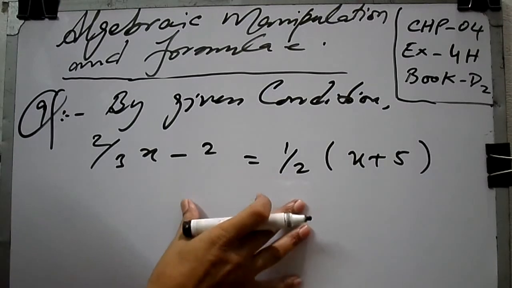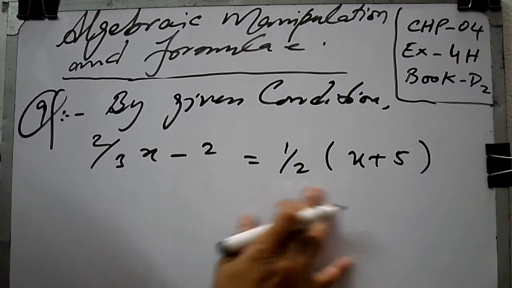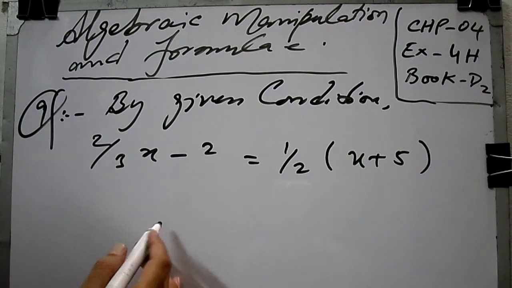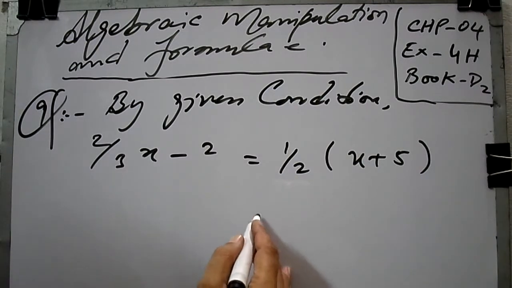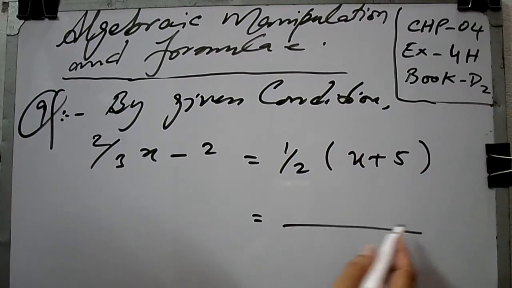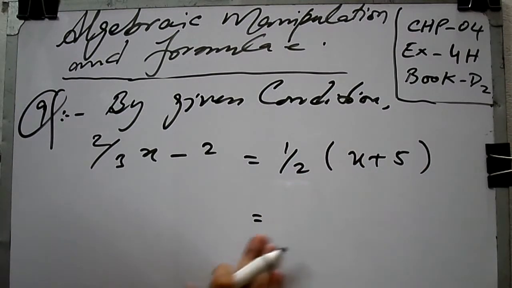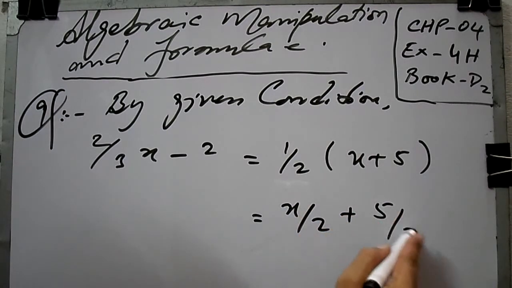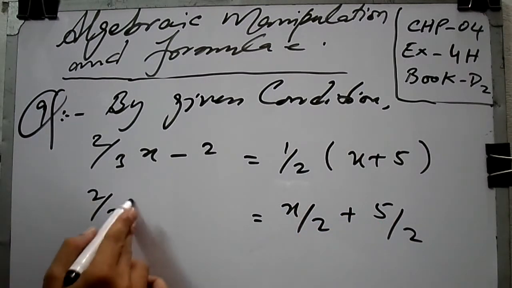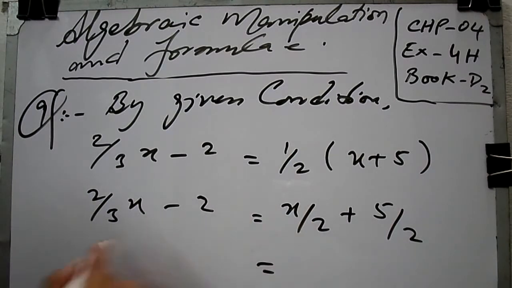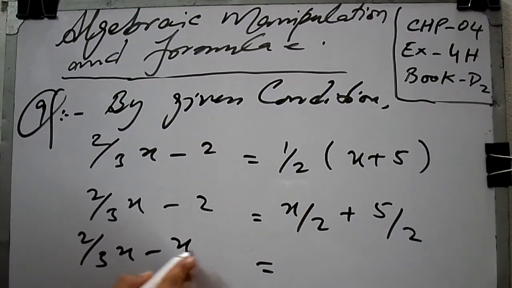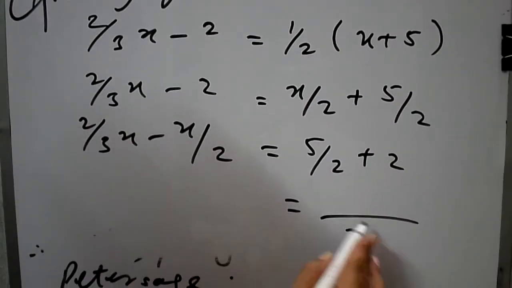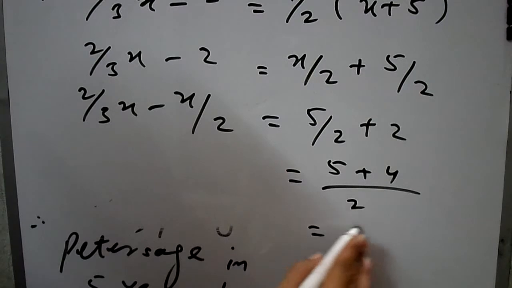So multiply it, or use cross multiplication, but first take the LCM. You will get x/2 plus 5/2 and 2/3 x minus 2. Similar terms will be shifted: 2/3 x minus x/2 equals 5/2 plus 2. Taking LCM of the constant terms, you will get 9/2.